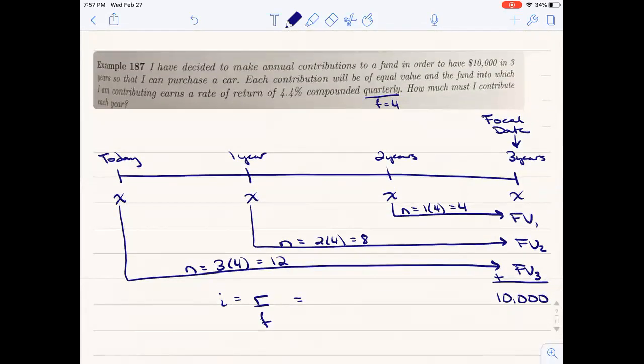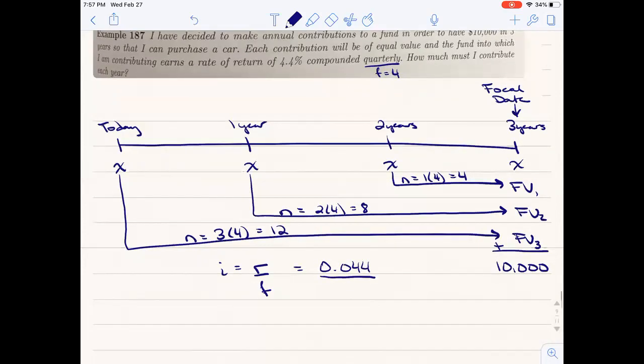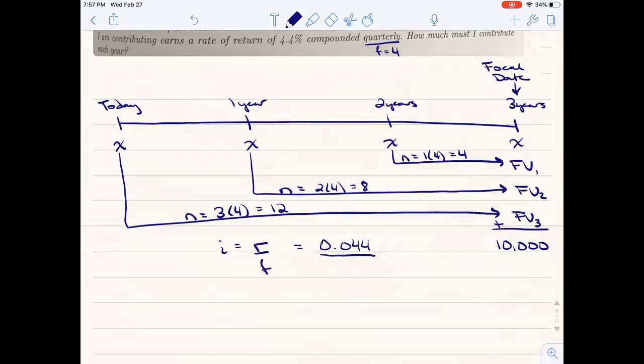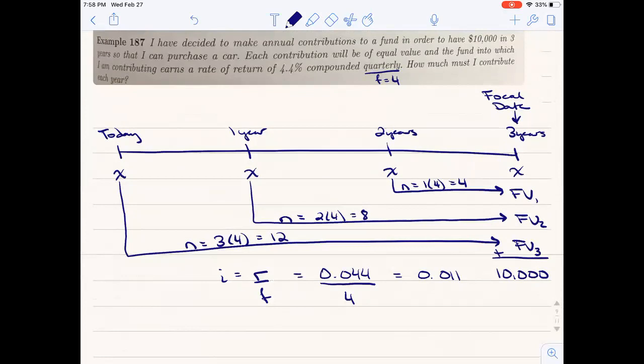R is 0.044, and we're conveniently compounding quarterly, so divide it by 4, so 0.011. All right. We've got all our pieces for our timeline. Now we can just get to work and do these calculations.